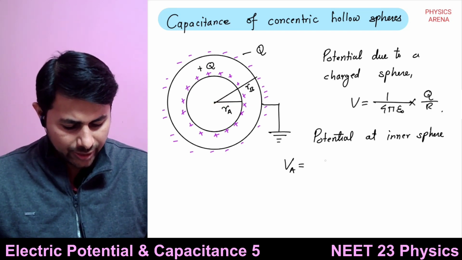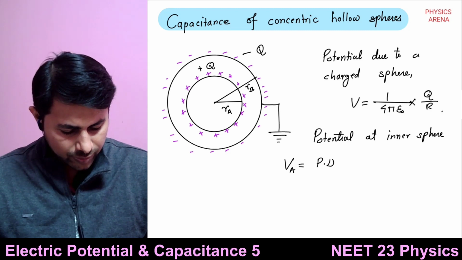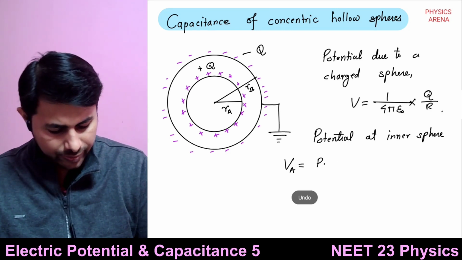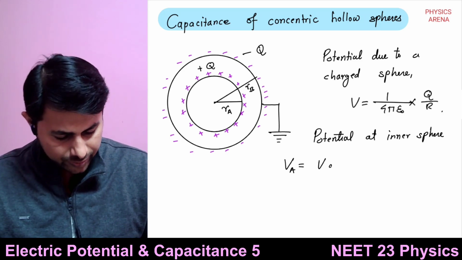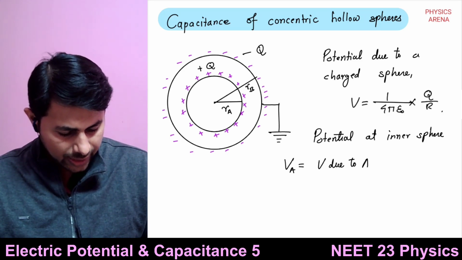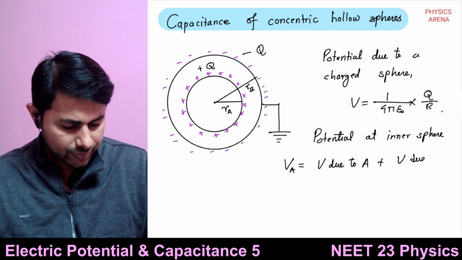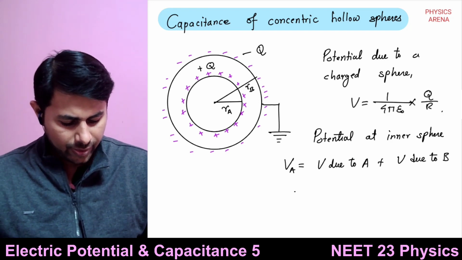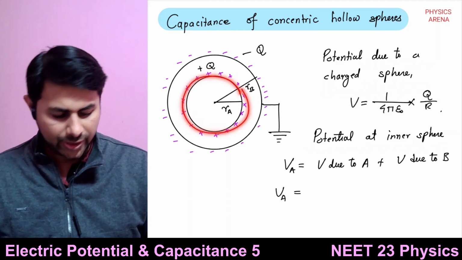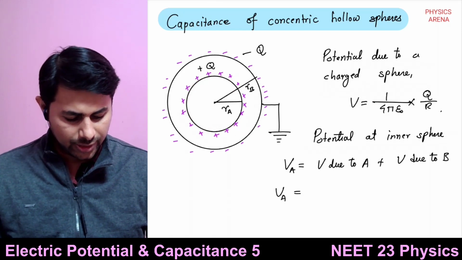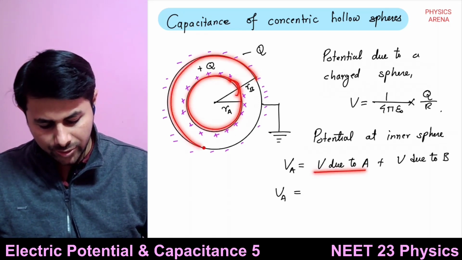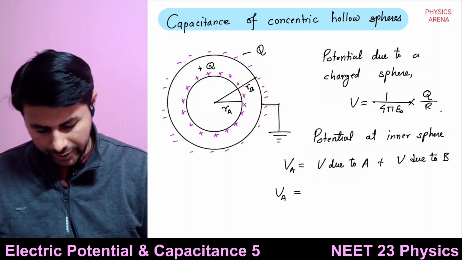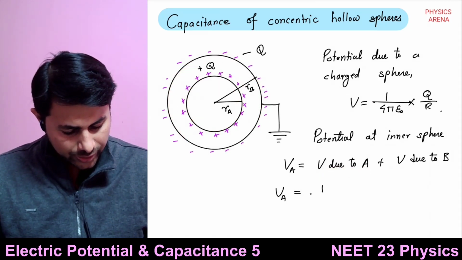So the potential at the inner sphere is V due to A plus V due to B. What is the potential due to the inner sphere?